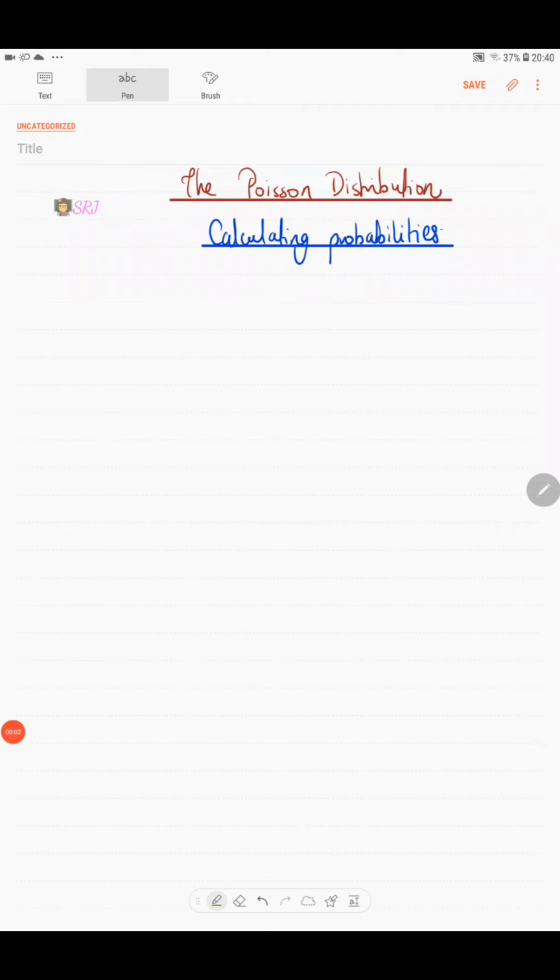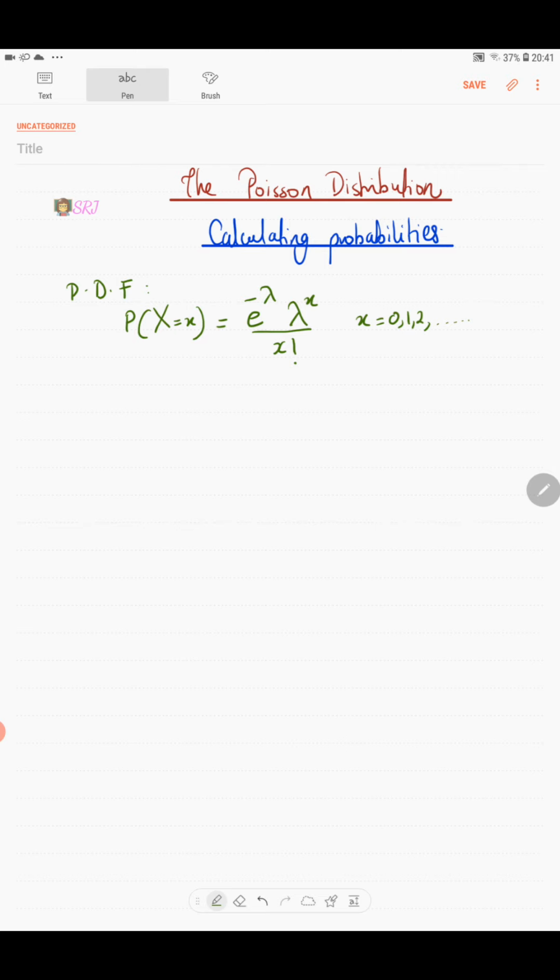In this lesson, I'm going to show you how to use the PDF for the Poisson distribution to calculate probabilities. If you still remember, the PDF for the Poisson distribution is: probability capital X is equal to small x equals e power minus lambda, lambda power x over x factorial, and x takes values 0, 1, 2, 3, 4 up to infinity.